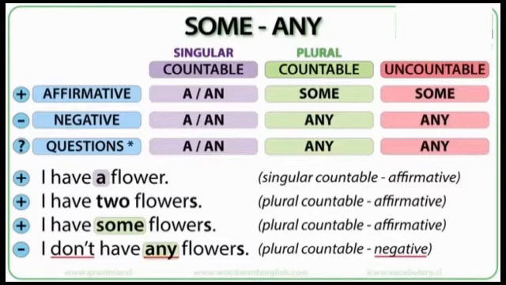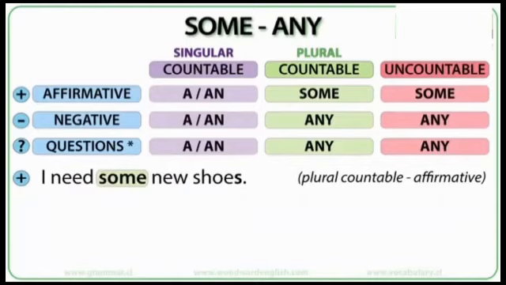I need some new shoes. We use some because shoes is a plural countable noun and it's an affirmative sentence. What would the negative be? I don't need any new shoes.